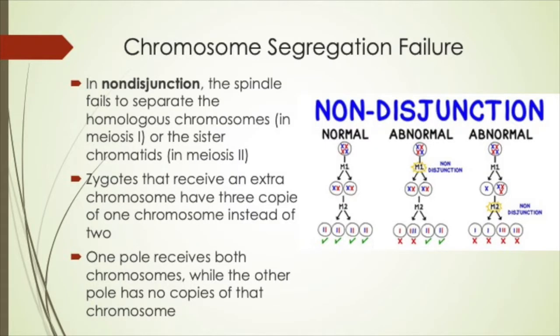forming up those gametes. At some points, we can have an error in meiosis. Okay, so sometimes what's called non-disjunction can cause an error in meiosis. In non-disjunction, the spindle fails to separate the homologous chromosomes in meiosis 1 or the sister chromatids in meiosis 2.